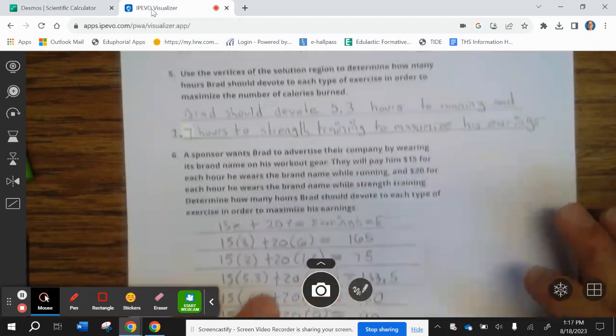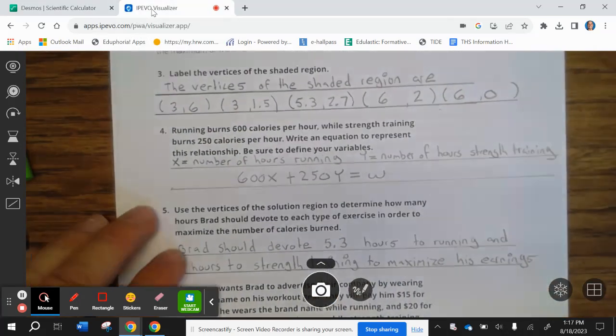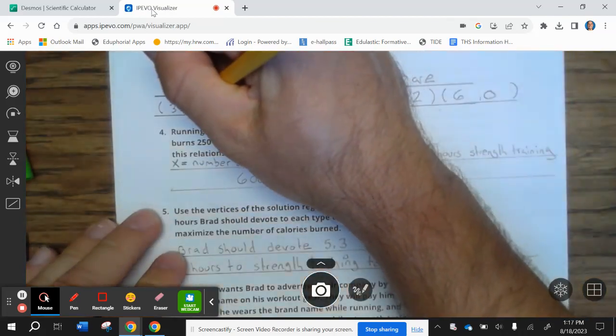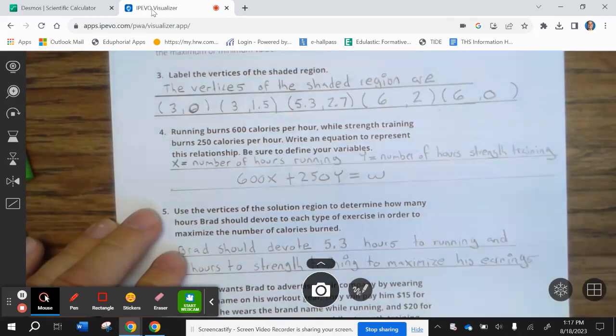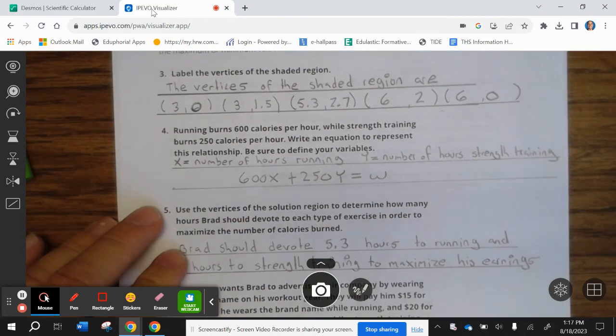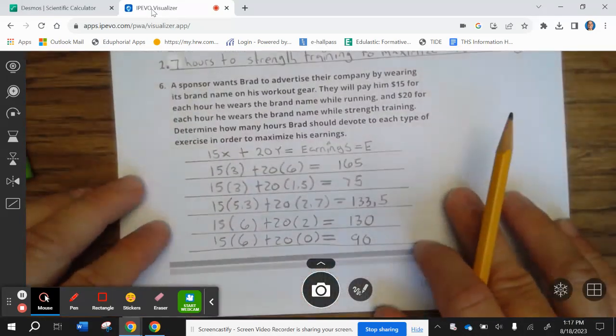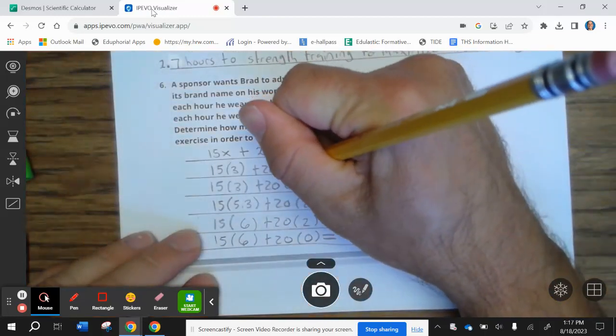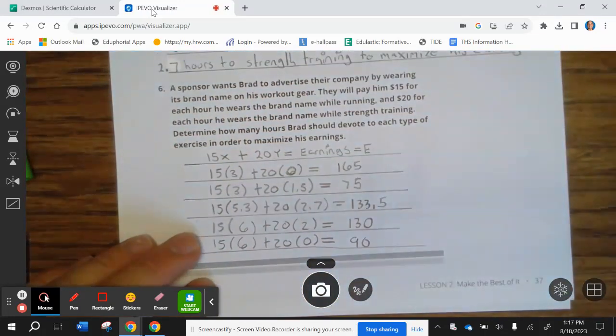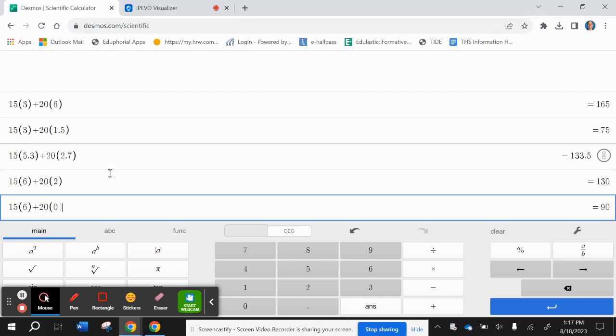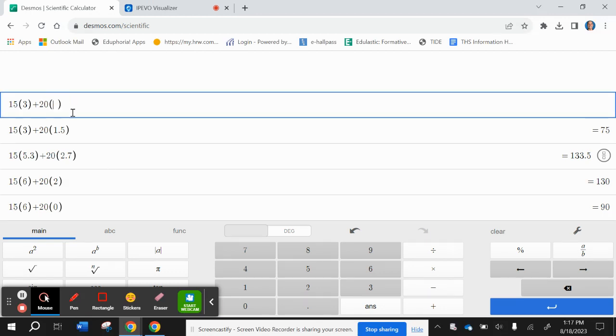All right, minor typo I just caught. This point is actually supposed to be 3, 0. I misread the 6 to be a 0. Apologize for that, but we'll fix that here, and then we're going to come down here to 20 times 0. Okay, so let me come back over here, and that changes that.